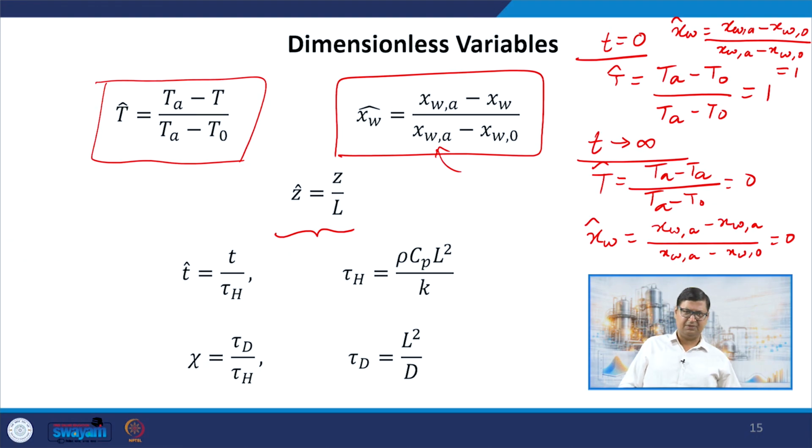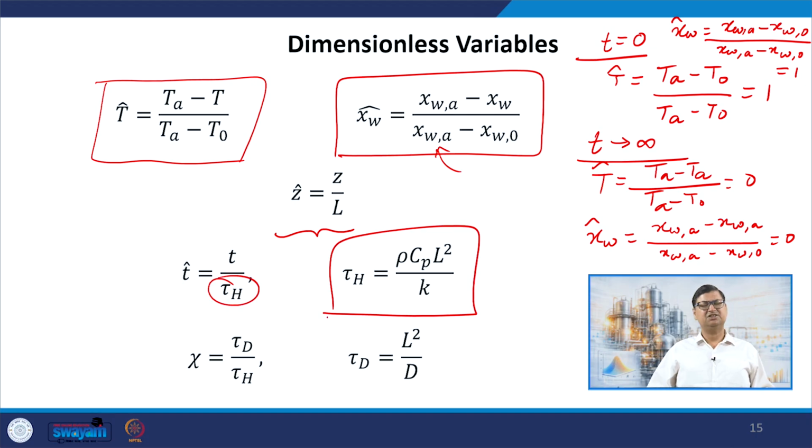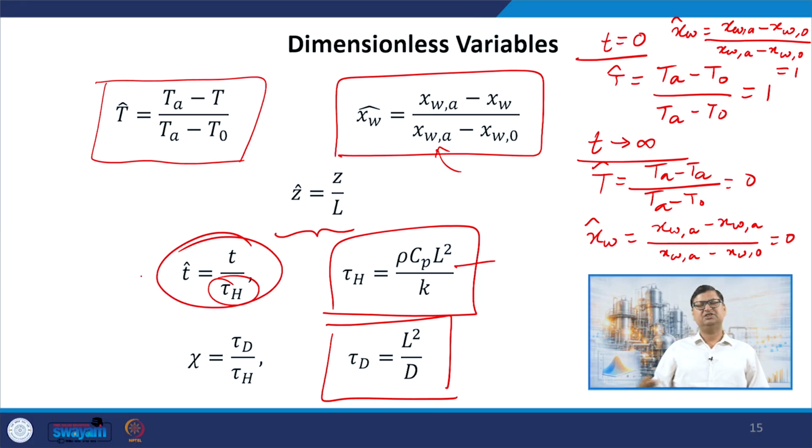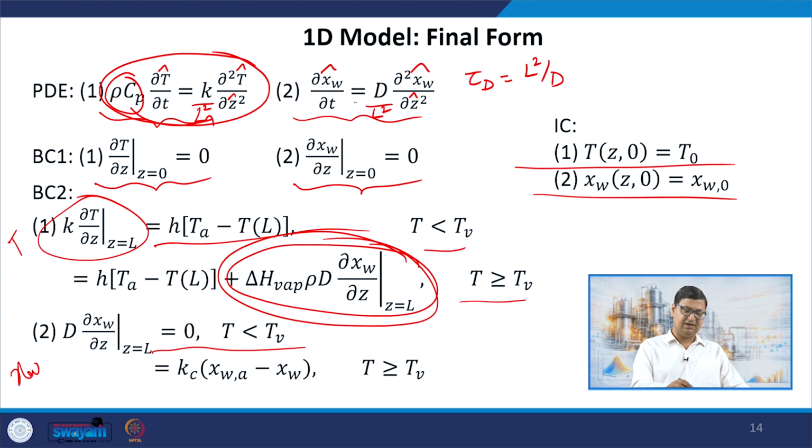I can choose any of them in reality, but we have to be very clear which time scale we want to prefer, right. So, let us say I use the heat equation time scale. That means tau h is equal to what I had earlier, but keep in mind that we have a tau d there. And now, if I use, for example, this definition of T cap in the second PDE, you already have an L square by D appearing there.